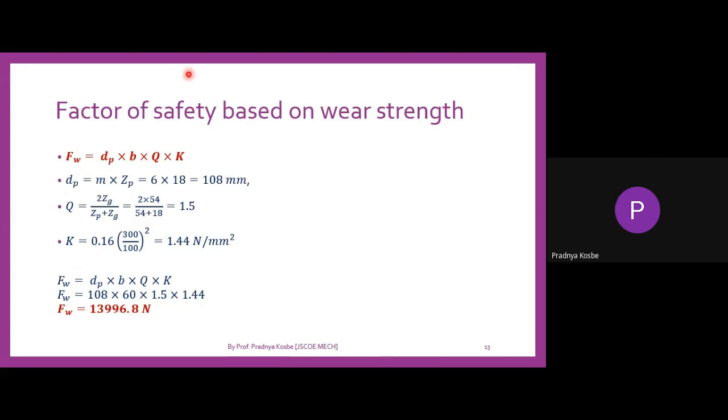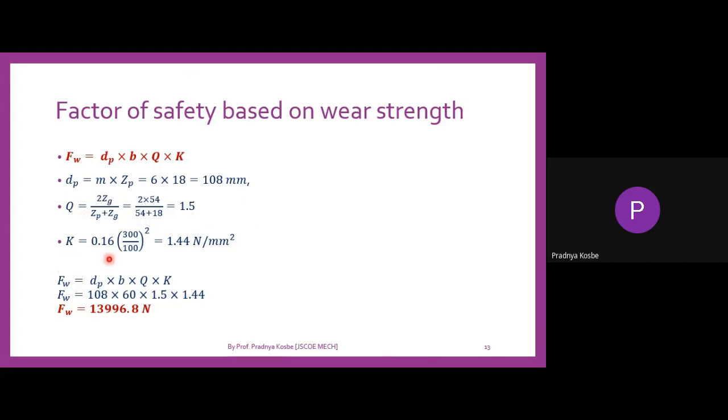So dp is m into zp, 6 into 18, is equal to 108 mm. Q formula is 2zg divided by zp plus zg. Put the values of zg and zp, you will get ratio factor 1.5.